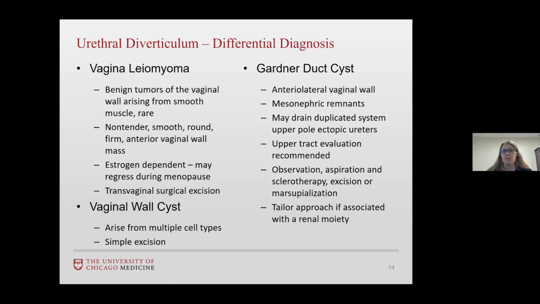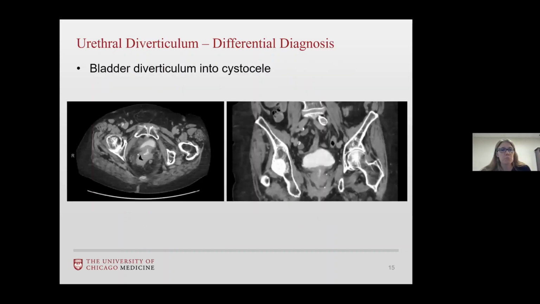The Gartner duct cyst is going to be an anterior lateral vaginal wall mass. They're actually mesonephric remnants, and so it's important because this can drain a duplicated system or upper pole ectopic ureters. An upper tract evaluation is going to be recommended, and then there are different approaches you can take, including observation, aspiration, sclerotherapy, excision, or marsupialization, but you really have to tailor your approach if it's associated with a renal moiety.